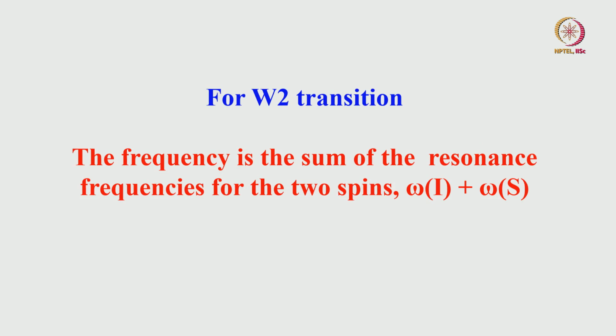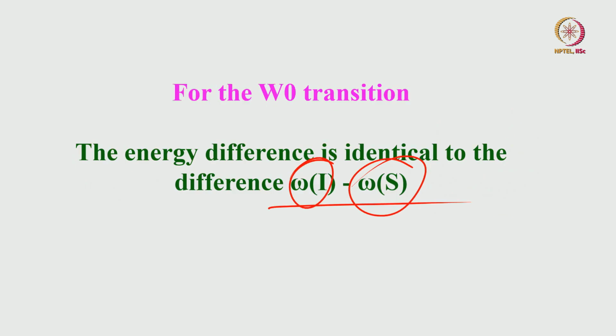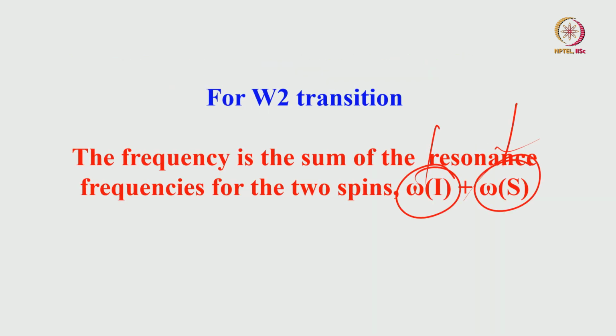What is W2 then? W2 is the sum of the resonating frequencies of Wi and Ws. Both are in megahertz, let us say this is 400 megahertz and this is 400 megahertz. Then W2 becomes 800 megahertz. That is the difference. So W0, W1, W2 depend upon the spectral density function, which in turn depends upon various factors.